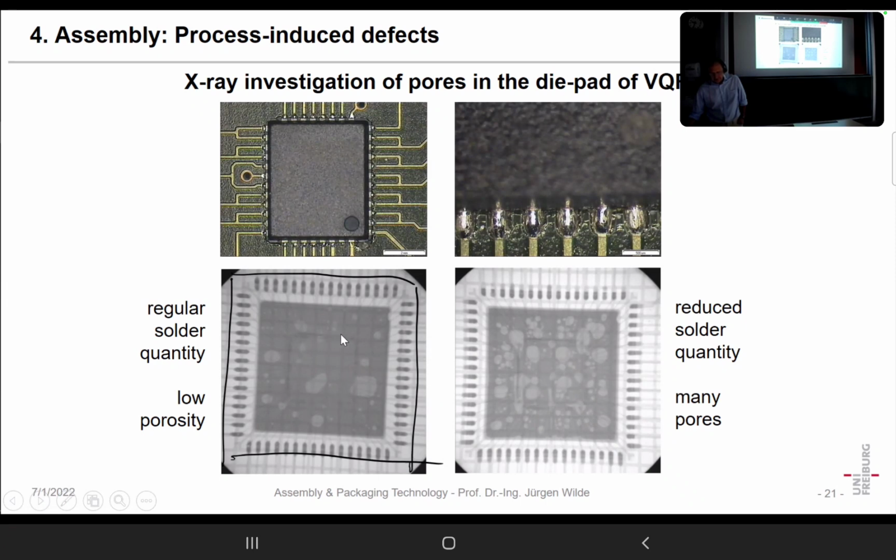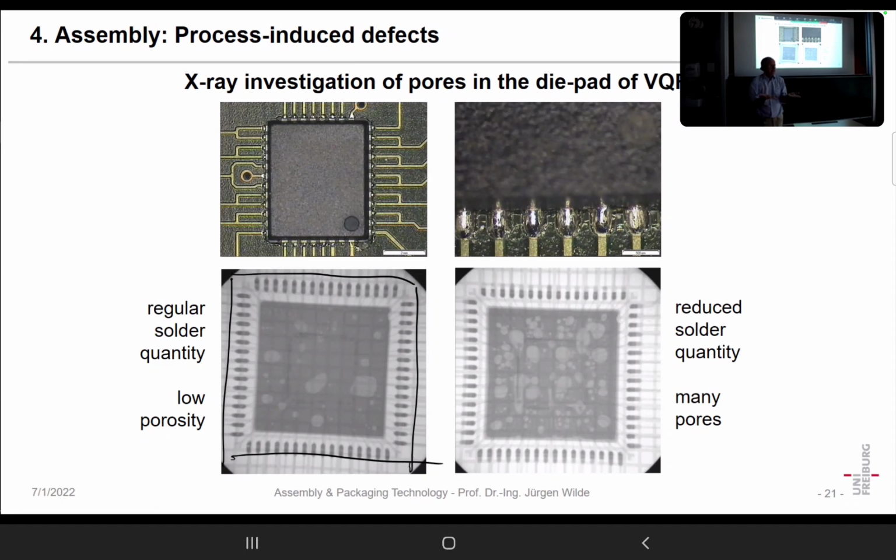Maybe it's not really a chip scale package, but almost. When we look precisely, we see also the bonding wires here. And in the middle of that device, we have a copper plane. So it's not only the IOs that are soldered, but also the ground plane is soldered on the board.